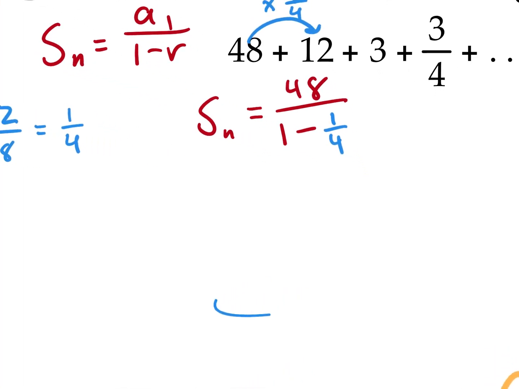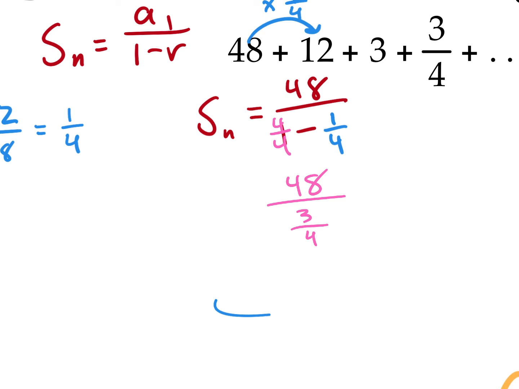Now, if the question on the test does not say exact, you can put this in your calculator, but if it does, we have to simplify it by hand. So on the bottom, I need a common denominator, so I'm going to make this 4 over 4. So it'll be 48 over 3/4. If it says exact, we have to do it this way.